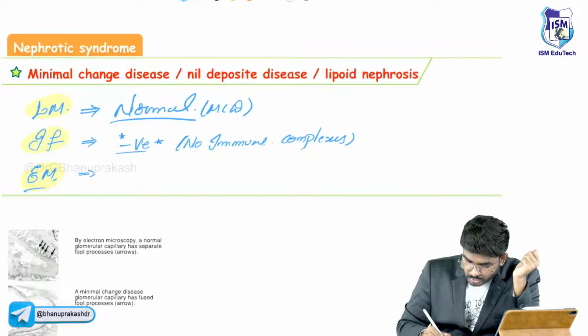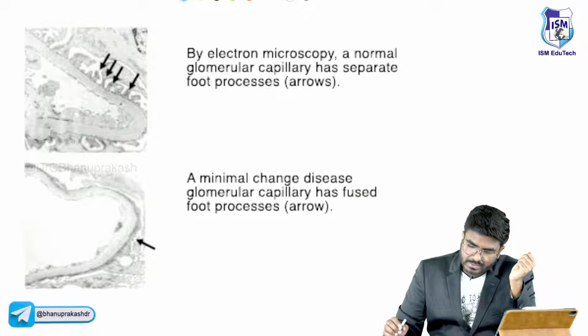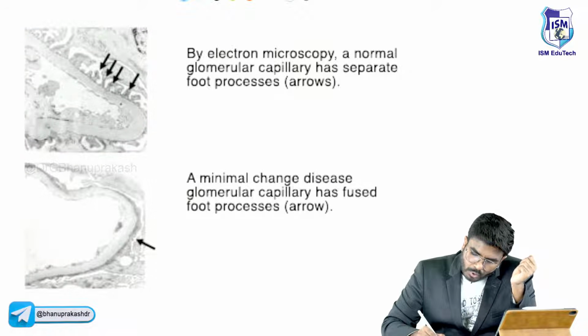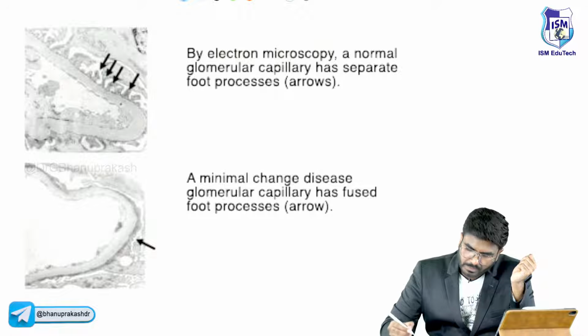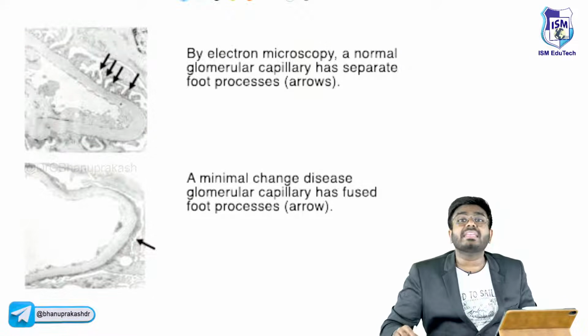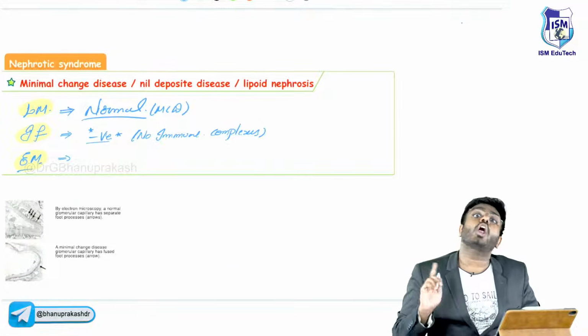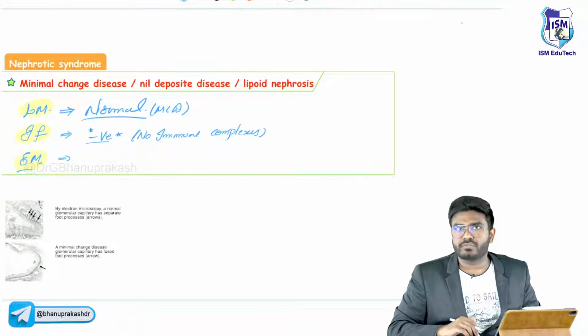But under electron microscopy, the podocytic foot processes in minimal change disease are effaced. That's the one thing seen under the electron microscopy, so that's the best investigation of choice.